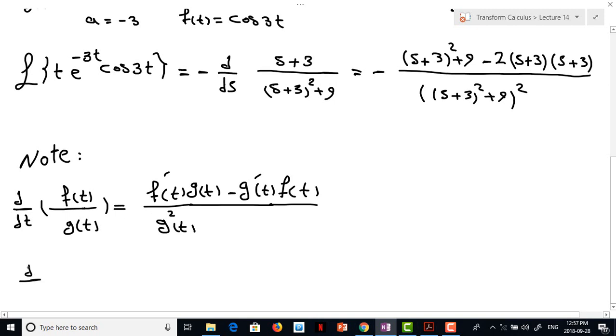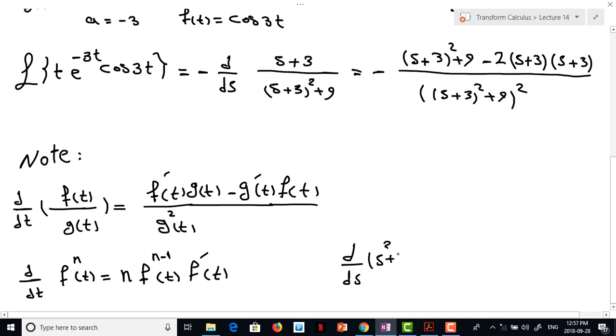And also, if you want to find the derivative of a function to the power of n, it's equal to n times the function to the power of n minus 1 times f prime t. For example, let's assume I want to find d over ds of a function like (s squared plus 1) to the power of 3.